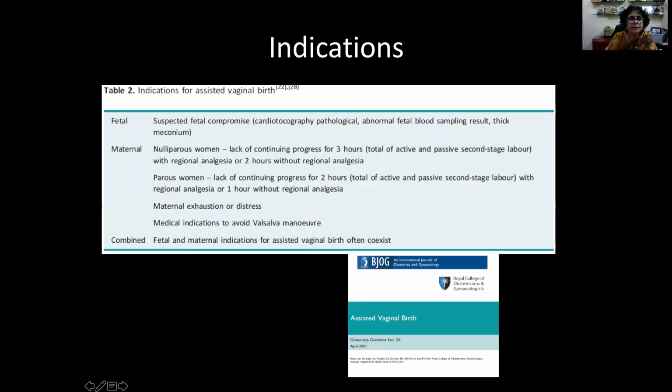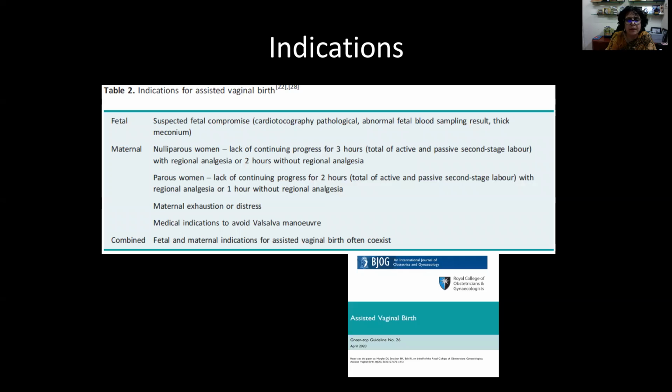Now, the indications for the assisted vaginal birth we can divide into the fetal and the maternal. Fetal: sometimes suspected fetal compromise like a pathological cardiotocography, sometimes abnormal fetal sampling, thick meconium. Then the maternal causes: in nulliparous women, lack of continuous progress for 3 hours, total of active and passive second stage of labor with regional anesthesia, or 2 hours without regional analgesia.